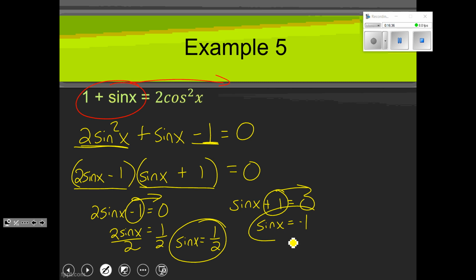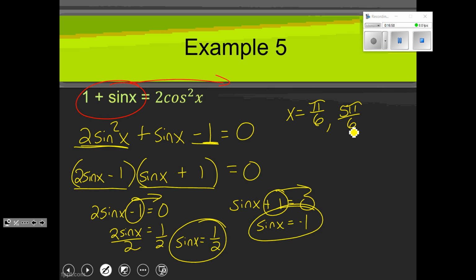So I'm going to go to my unit circle, and I'm going to look, where is the y coordinate equal to a half? So x could be pi over 6, and x could be 5 pi over 6. If you look at those coordinates, the y coordinate is 1/2, positive.